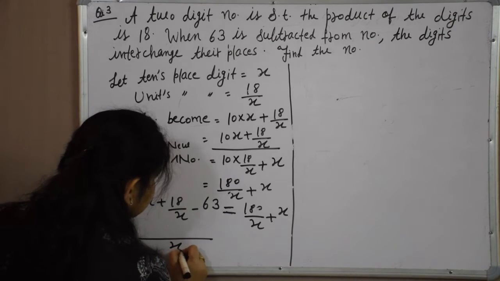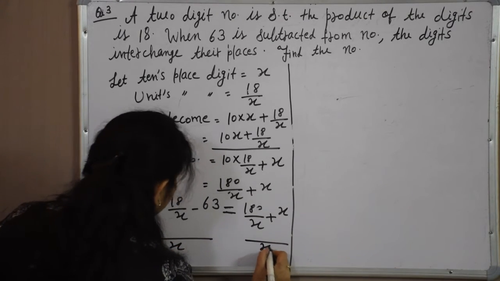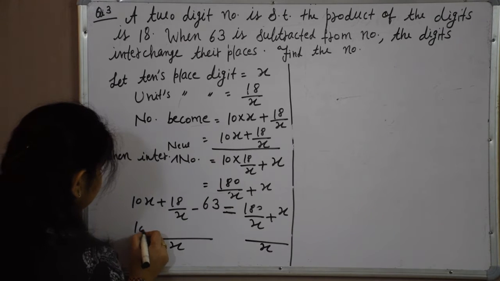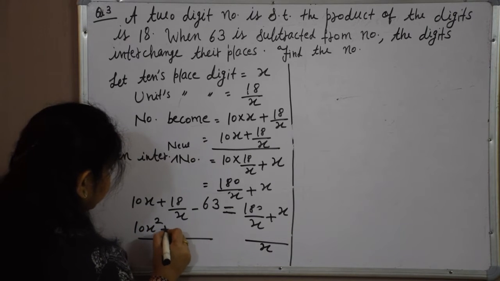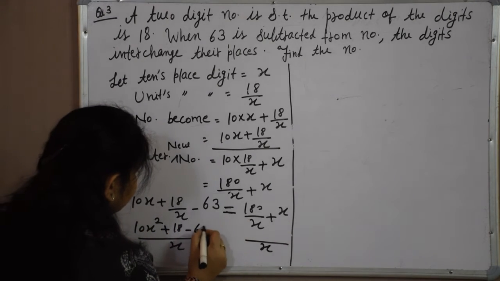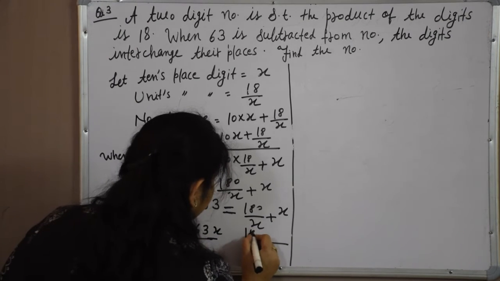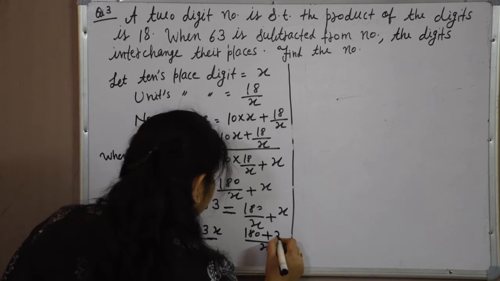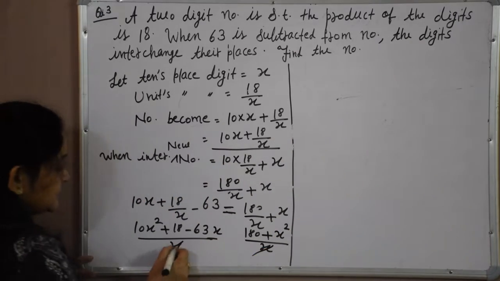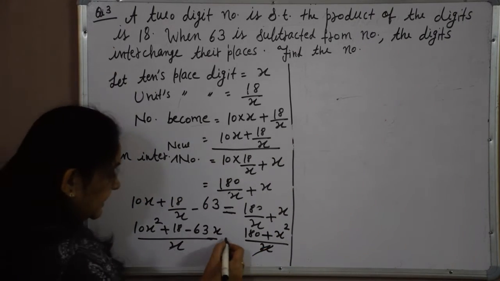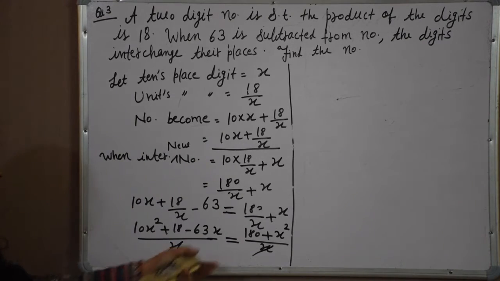Taking x as LCM here and here also x as LCM, it becomes 10x square plus 18 minus 63x equals x LCM 180 plus x square. Because on both sides the denominator is x, we can cancel them.